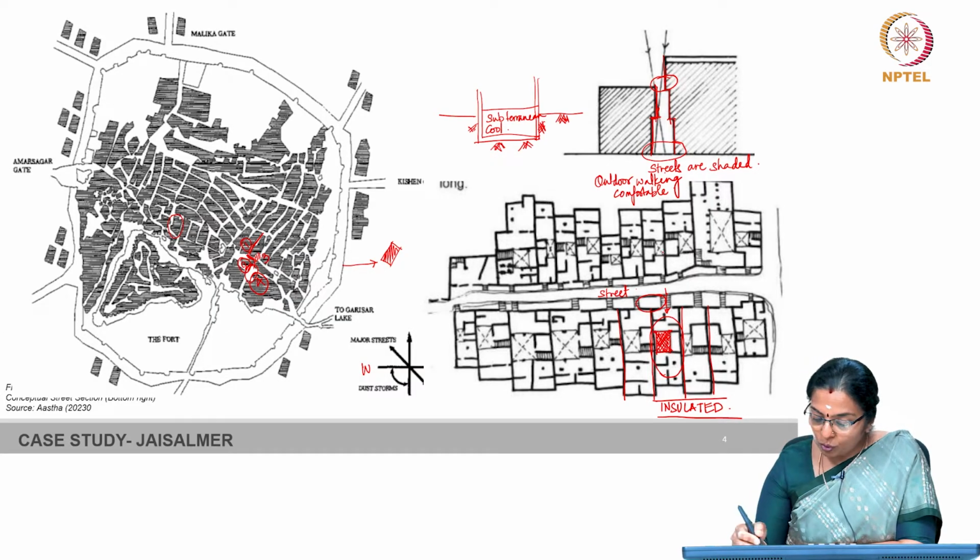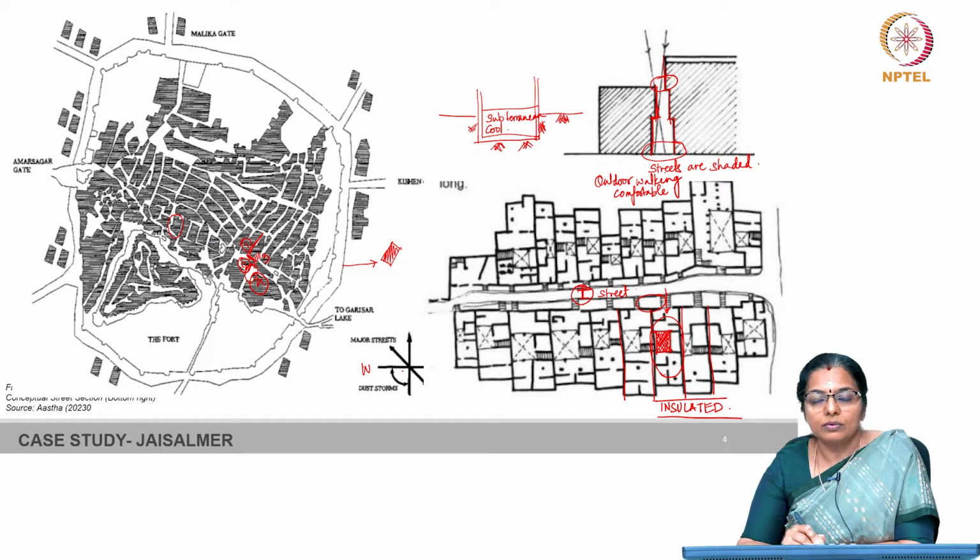And these houses open onto very narrow streets. So these streets are extremely narrow. The street also has very high buildings around it, as you have seen, which we call Haveli.